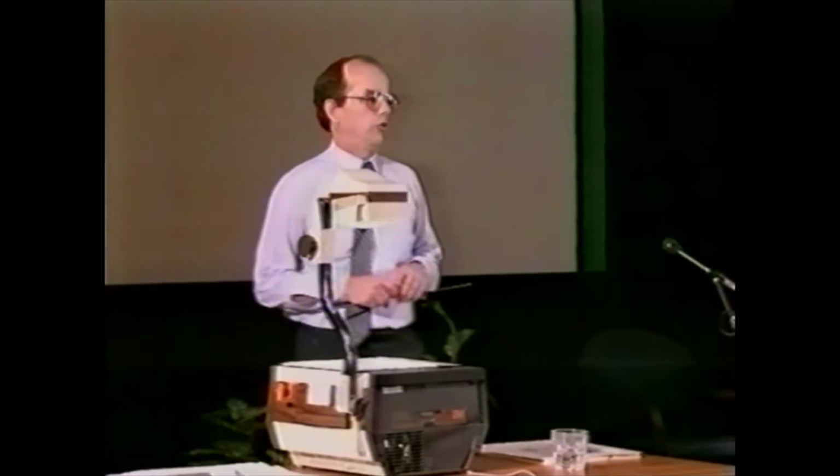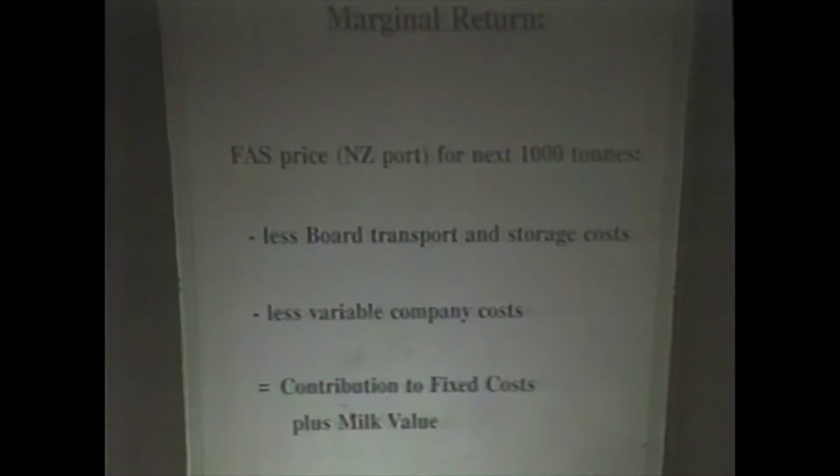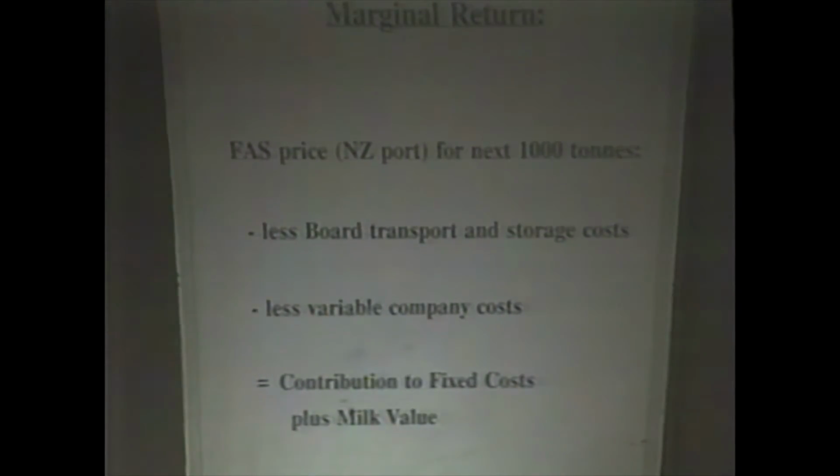Looking at the returns that we use, we don't just take the farm gate returns from sales, because as you saw before, the different factories take different amounts towards their fixed cost recoveries.